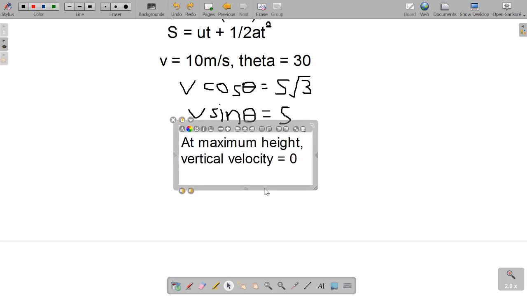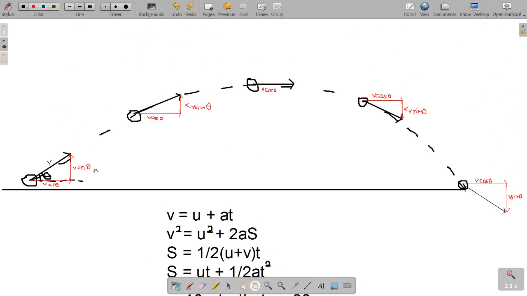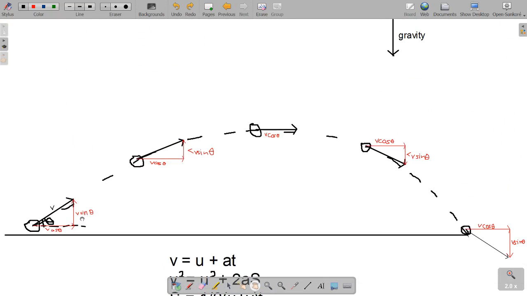So basically you know the vertical velocity at the start, and the vertical velocity at the maximum height, and you know the acceleration.